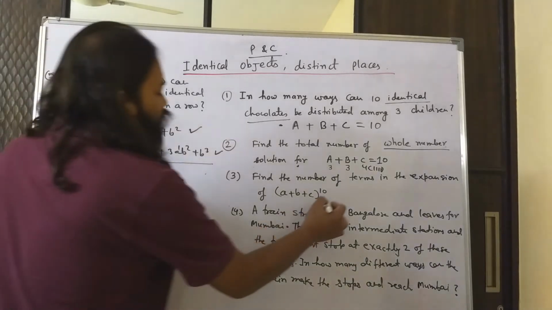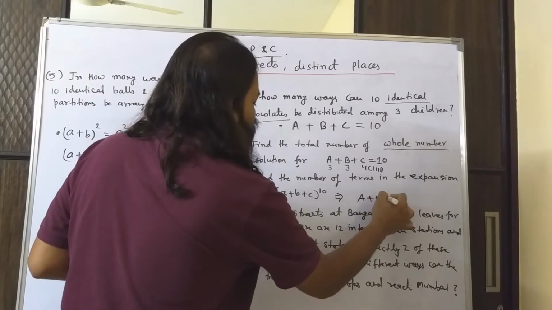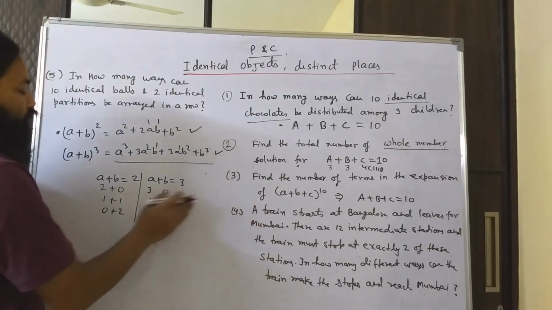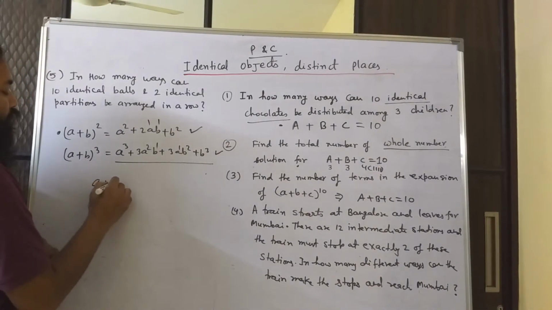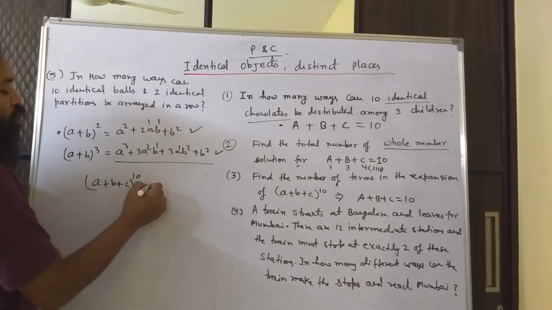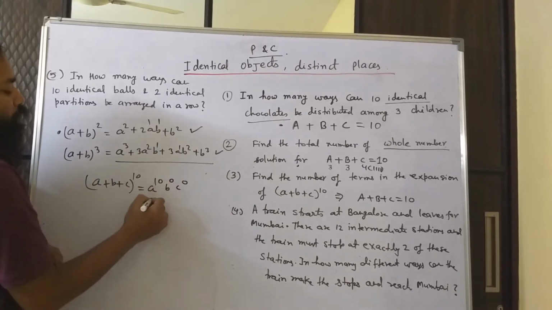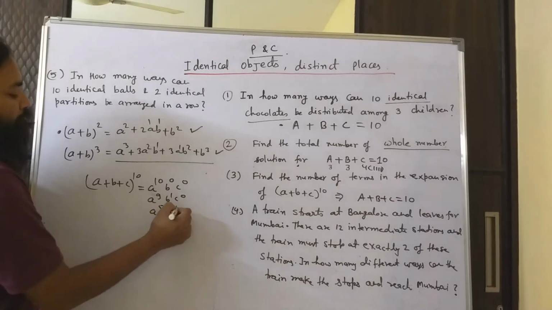So here also the solution will be the same as this equation, because all the terms in this expansion will be having A, B and C with different powers. Like you may have one term as A10, B0, C0, or you may have A9, B1, C0, or you may have A5, B4, C1.